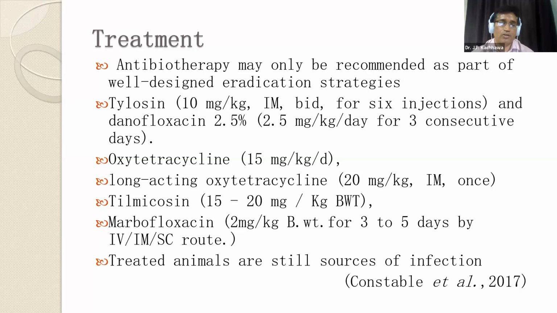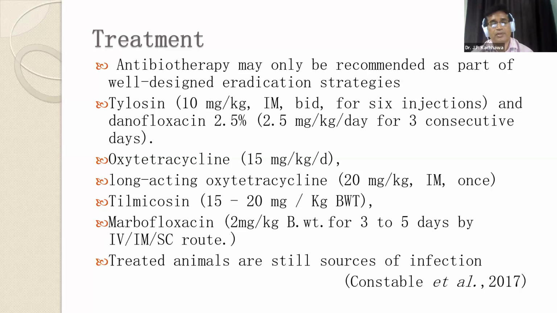Nowadays, tilmicosin as a single shot, 15 to 20 milligram per kilogram body weight, is also being used. Marbofloxacin at the dose rate of 2 milligram per kilogram body weight for 3 to 5 days by any route, IV, IM, or subcut, is effective.